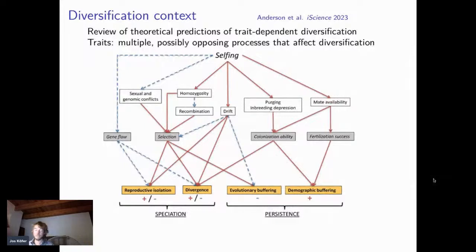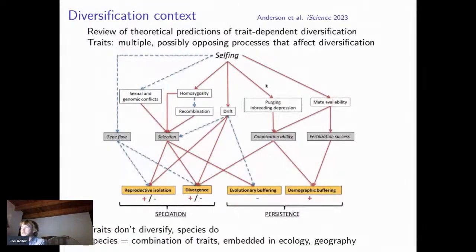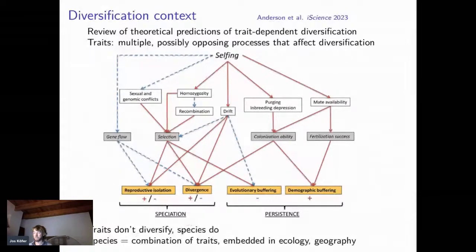So actually, this is the case for most of the traits. The traits we looked at, we found no trait that had consistent effects on speciation and extinction or persistence through these processes. Well, of course, it's quite obvious. It's not the traits that diversify. It's the species that diversify.